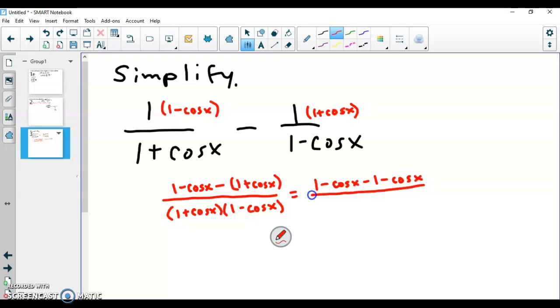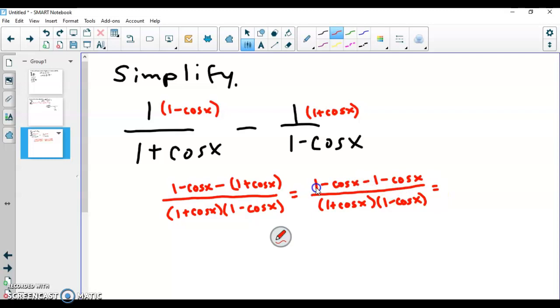On the bottom here, I'm going to leave that as it is for a minute. The last thing I usually want to do is multiply out, and that's just in case I can reduce anything.